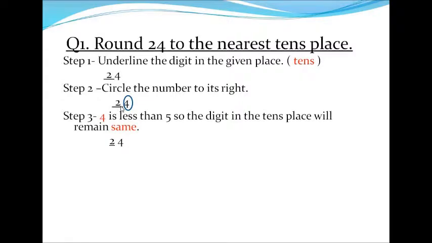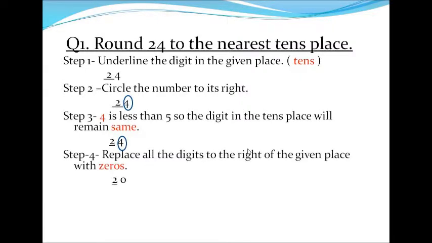So the same 10 over here is 20. So we will write 20 and we are going to replace all the digits which are towards the right of the tens place with 0. You can see over here we have done it. So 2 is in the tens place and 0 is in the ones place. So the answer is 20. That is, 24 rounded to the nearest tens place is 20, and we write it in the shortcut method in this way. That is, 24 arrow 20.